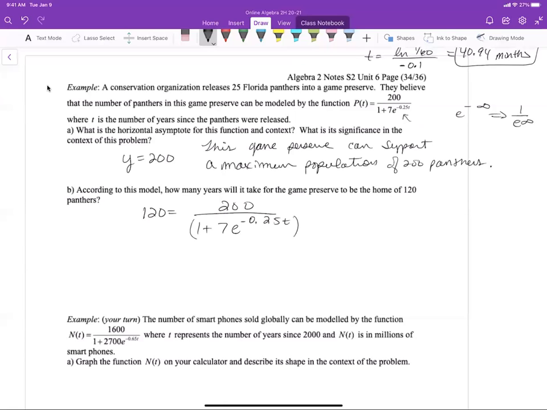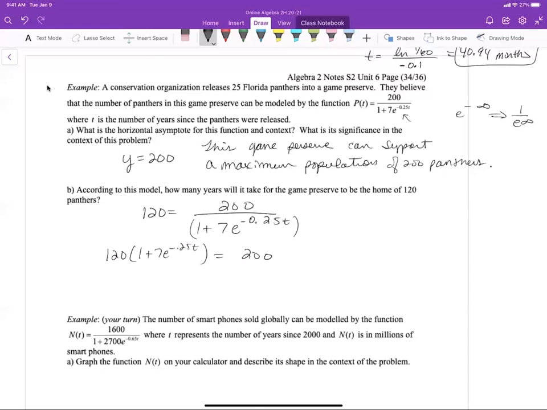I'm going to multiply by the common denominator. So I'm going to multiply both sides by 1 plus 7 times e to the minus 0.25 times t, and I will get on the left-hand side 120 times 1 plus 7e to the negative 0.25 times t is equal to, and on the right, I will have 200.